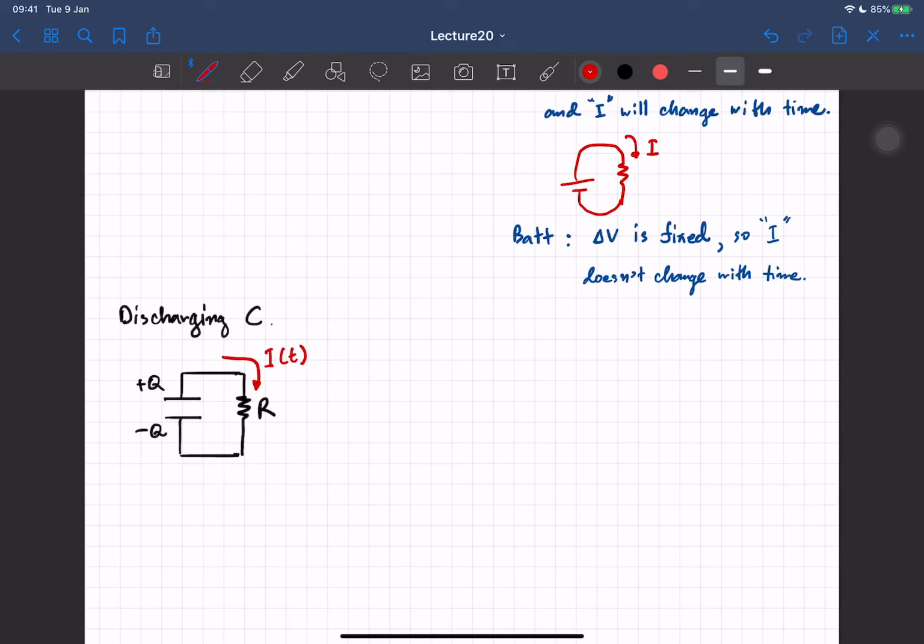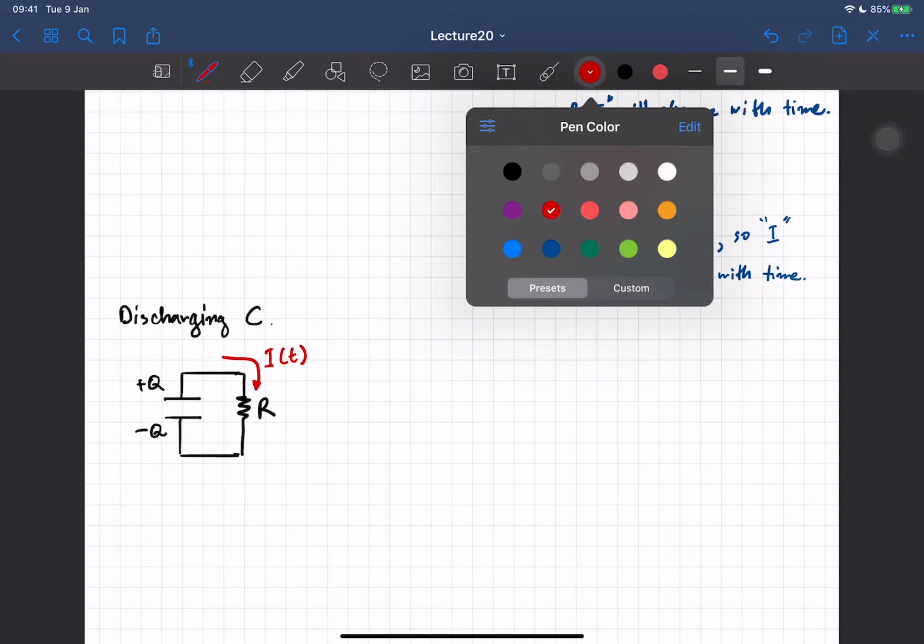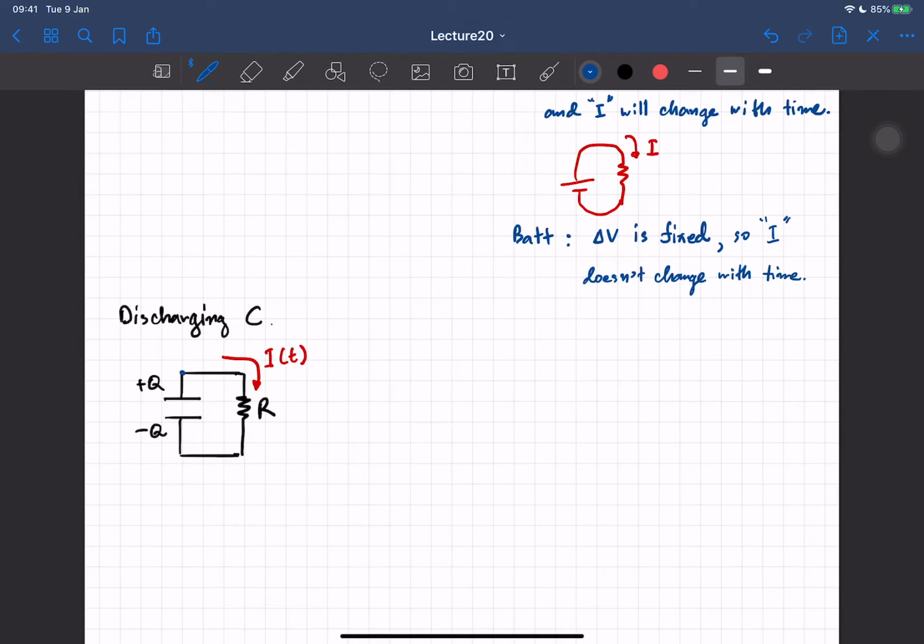All right, so let's look at how we're going to analyze this. We're going to use Kirchhoff's rule, especially the loop rule. And we're going to walk in the circuit starting from this point. Our loop is to start from here, go around, and then come back here, like this.